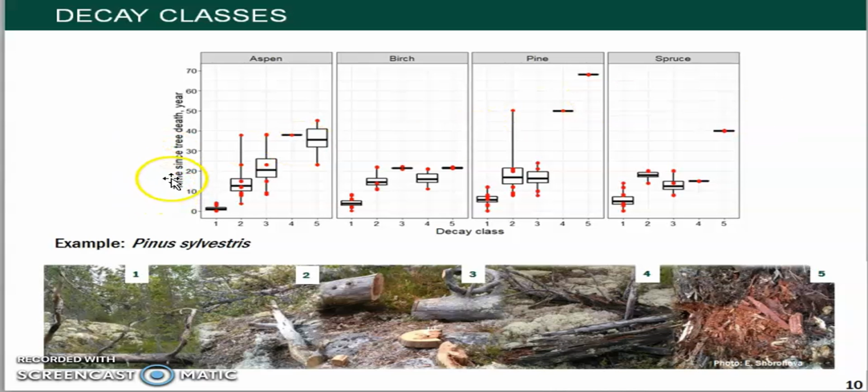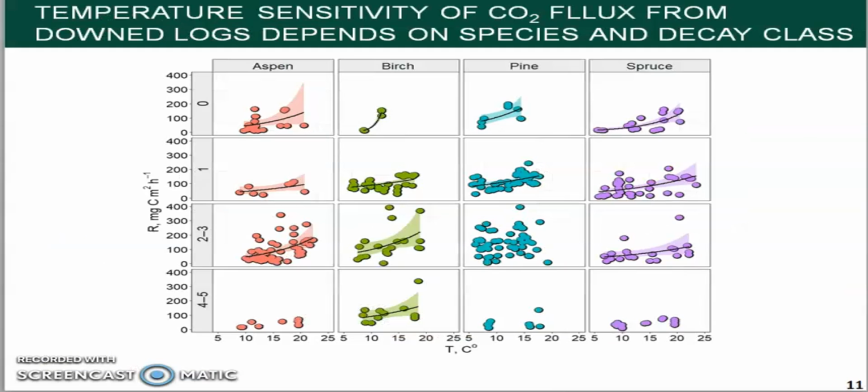Time since tree death increased from 0 to more than 60 years for pine and less for aspen and birch, the deciduous tree species. At the same time, wood bulk density, bark bulk density and mass decreased across decay classes.